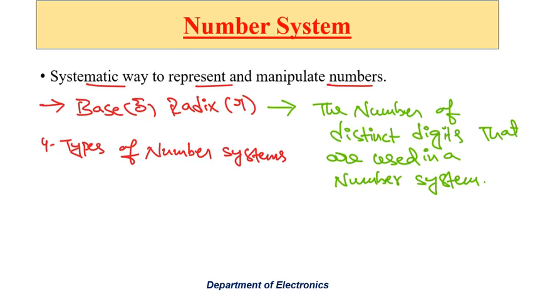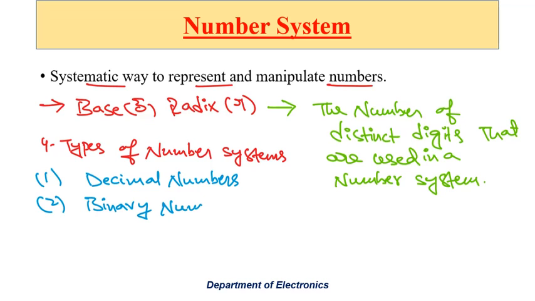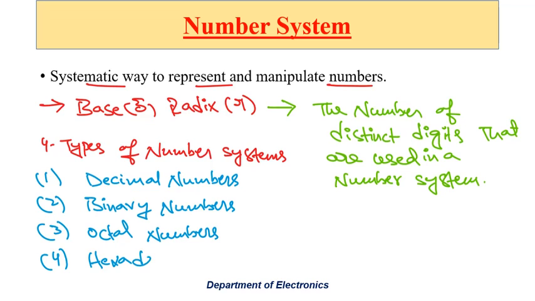Namely, decimal number system, second one is binary number system, third one is octal number system, and at the last, the fourth one is hexadecimal number system.